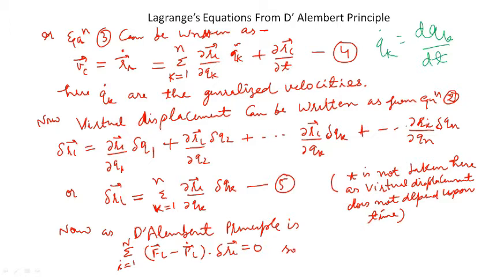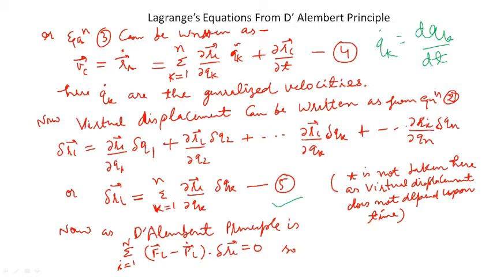Here time is not taken because in virtual displacement time is taken as constant, so the del Ri over del t term will be 0. So delta Ri is equal to sigma k from 1 to small n del Ri over del Qk into delta Qk. Let us say it is equation number 5.